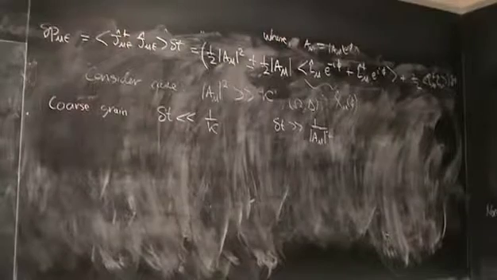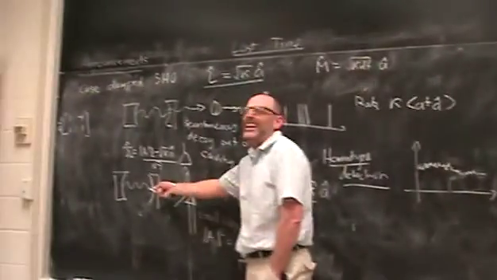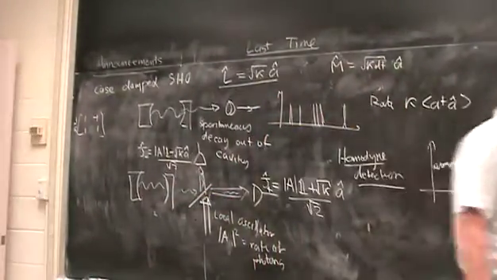So that many photons from the local oscillator hit this thing before I have any chance of seeing those. And that's a typical case.